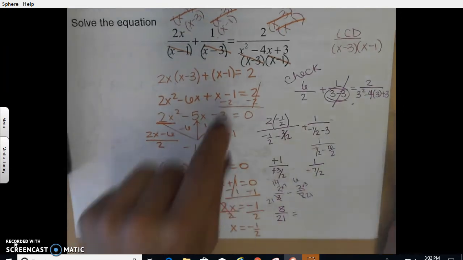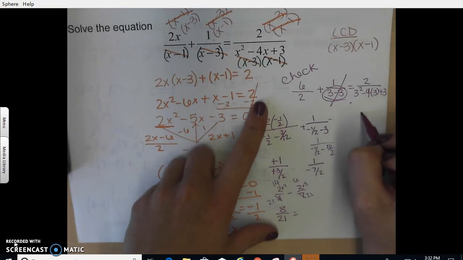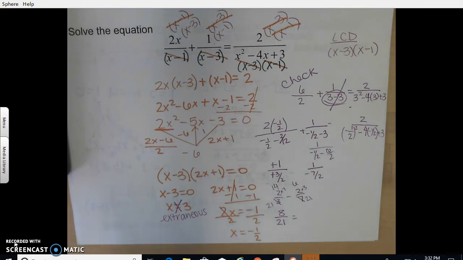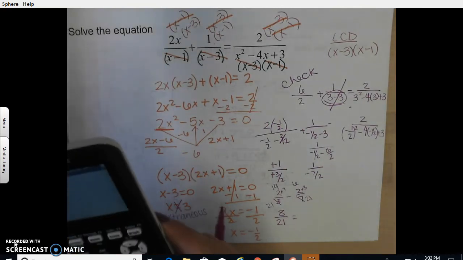Now we have to check the other side. 2 over negative 1/2 squared minus 4 times negative 1/2 plus 3. I'm going to just put this in the calculator for you.